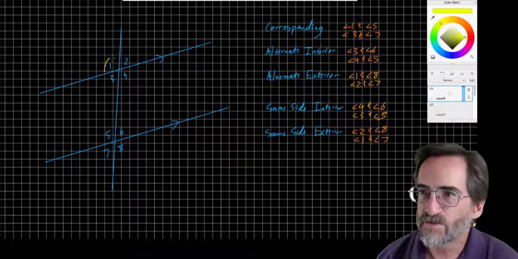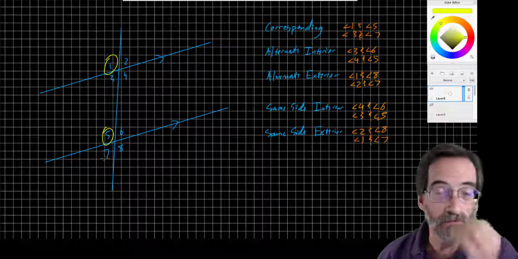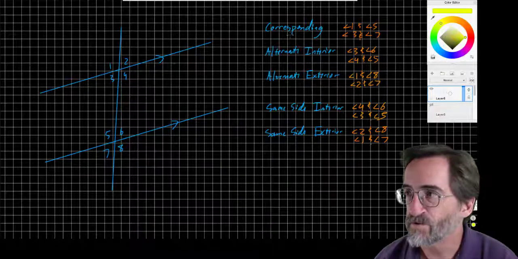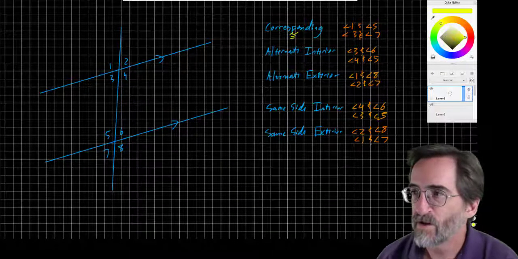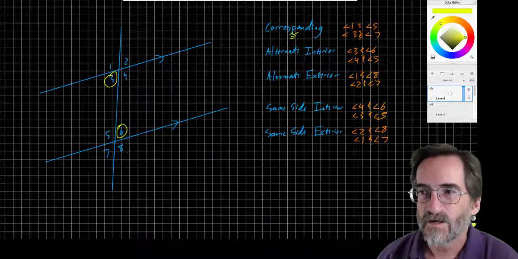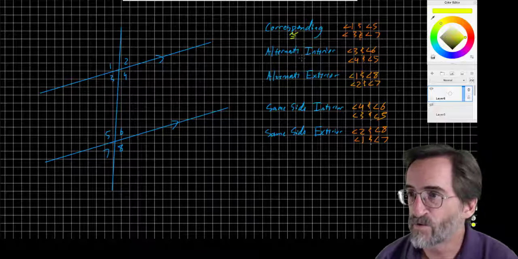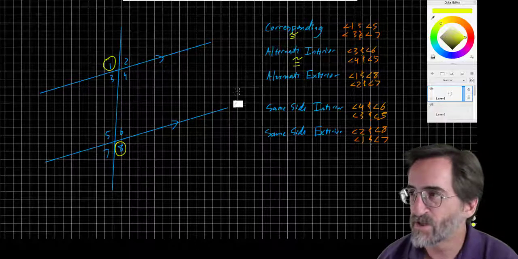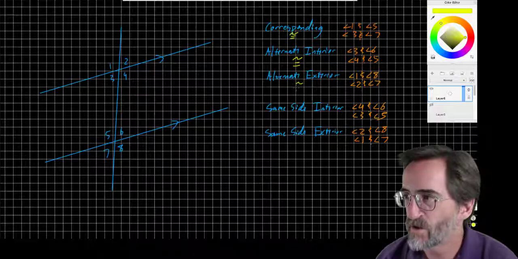Corresponding angles like 1 and 5 are congruent. That's a postulate. Alternate interior angles like 3 and 6 are the same size, they are congruent. Alternate exterior angles like 1 and 8 are congruent.